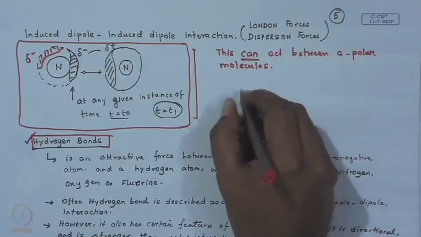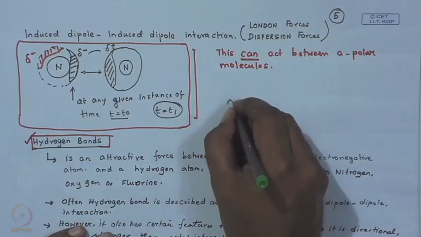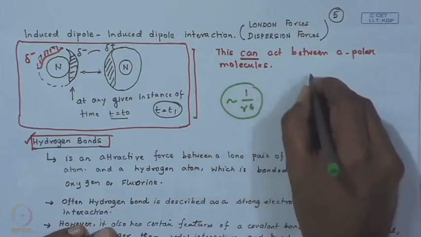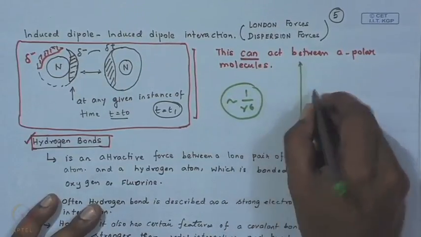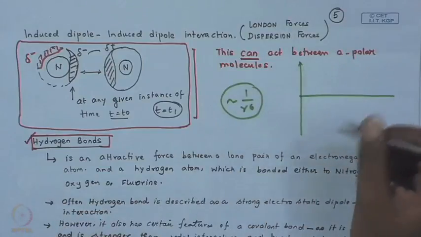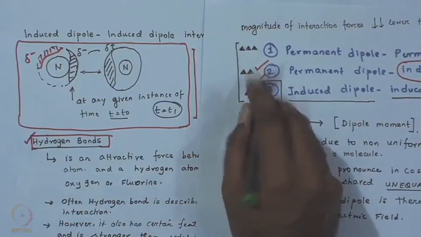The other important thing to understand is that at the molecular level, between molecules, the scaling is 1 by r to the power 6. For all the three types of forces, there can be some numerical prefactor which governs the relative strength of the three types of forces.